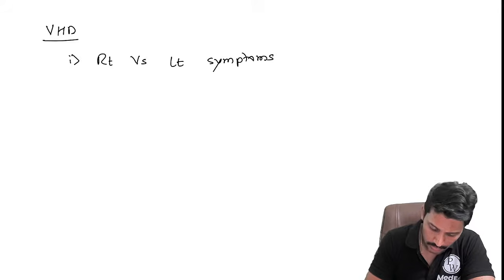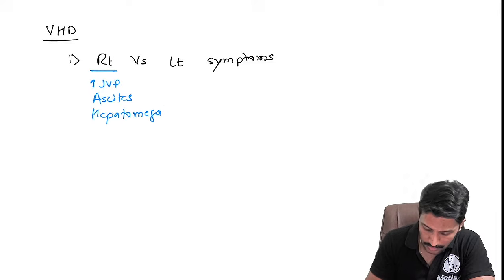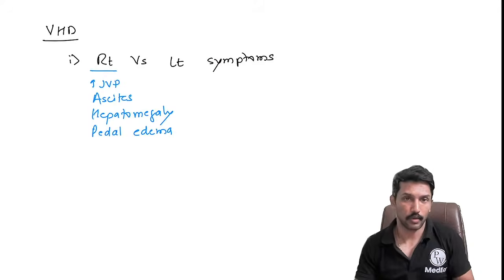So what are right symptoms? The right symptoms are raised JVP, ascites, hepatomegaly, and pedal edema. So if the question is talking about these symptoms, then the patient is having a right-sided valvular heart disease.